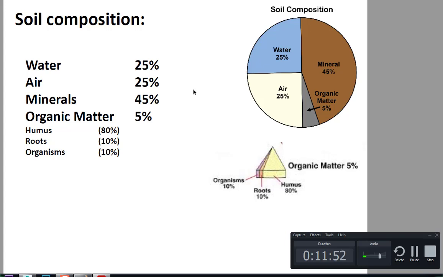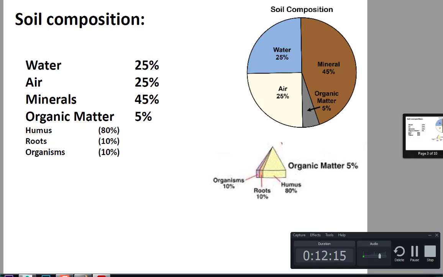So these things create the 5% of organic matter, and this organic matter, minerals, air and water increase the soil productivity. So the important components of the soil are water, air, minerals and organic matter.